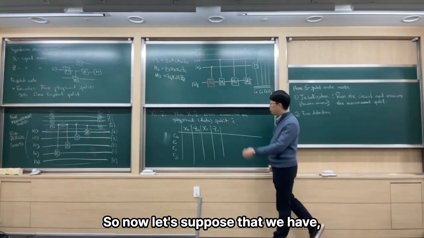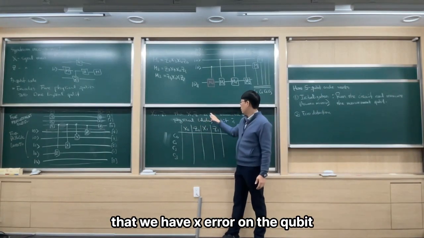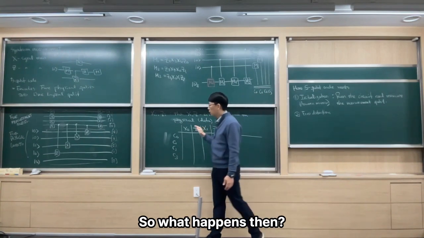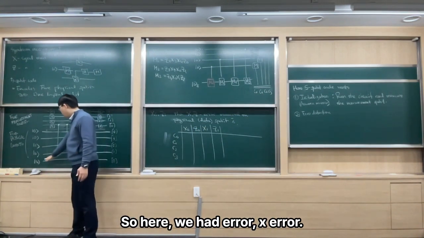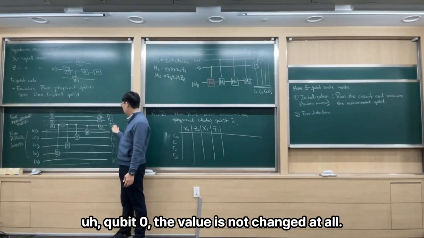Now let's suppose that we have X0, which means we have an X error on physical qubit 0. So what happens then? In measurement qubit 0, the value is not changed at all.